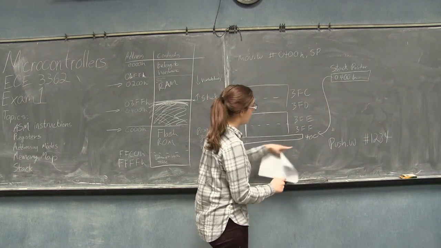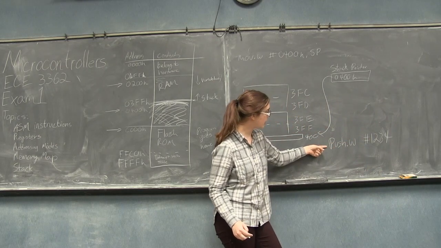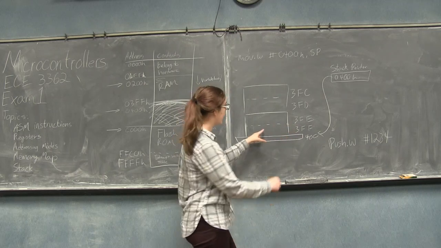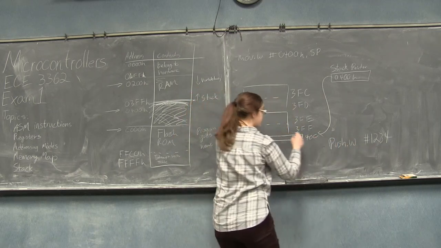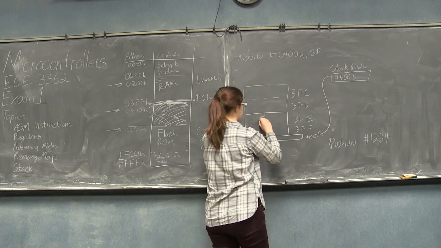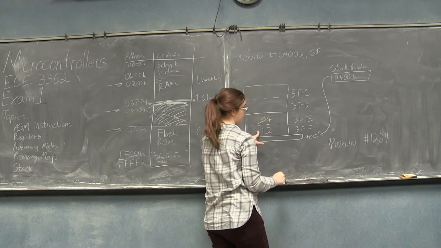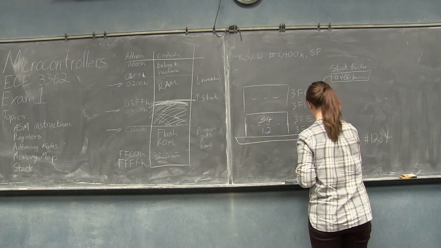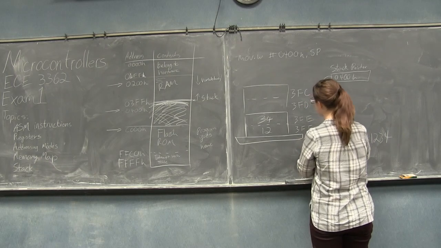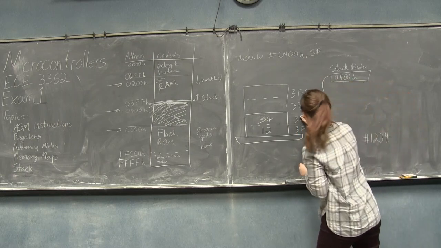So if the stack pointer is at 400 at the time this line is written, push.w 1234, what it will do is it will save the most significant byte first, then the next, 3, 4. And then it will decrement the stack pointer. So instead of pointing to 400, it'll point to 0FE.